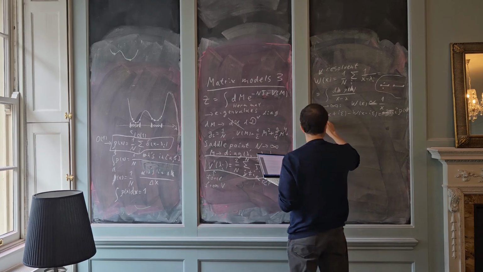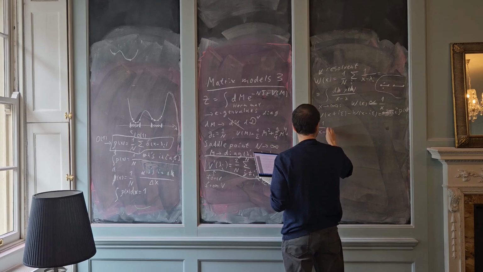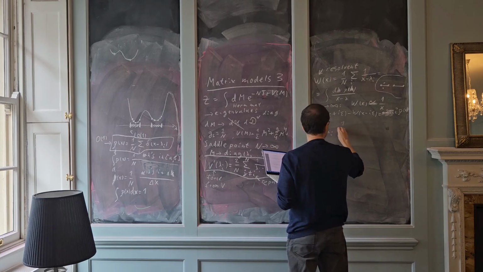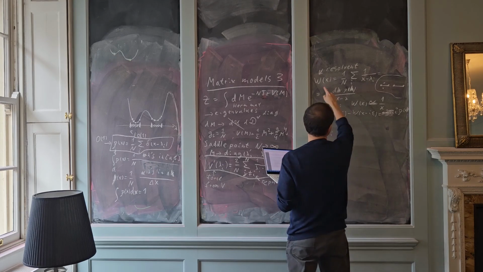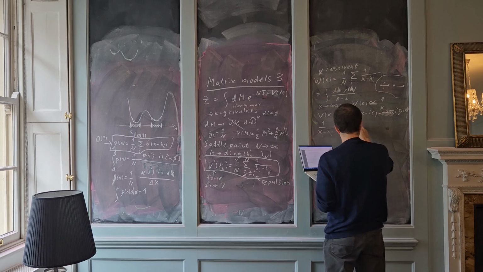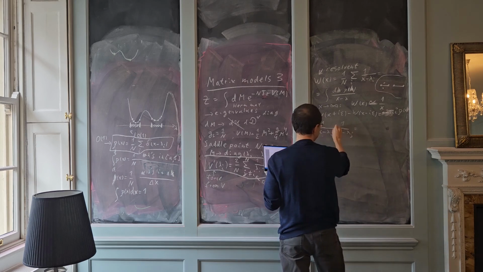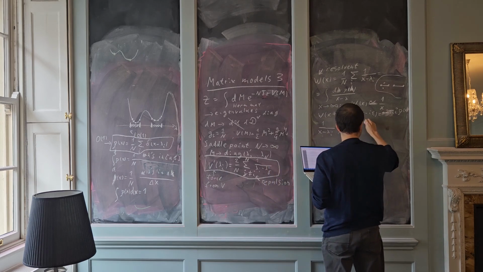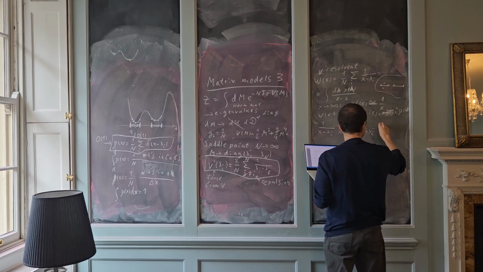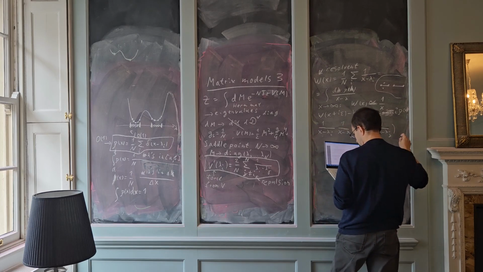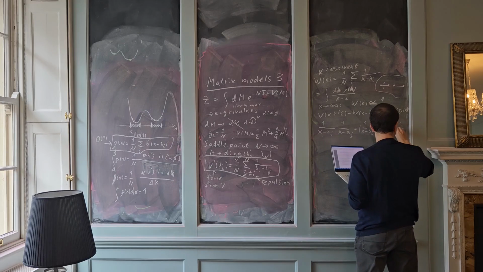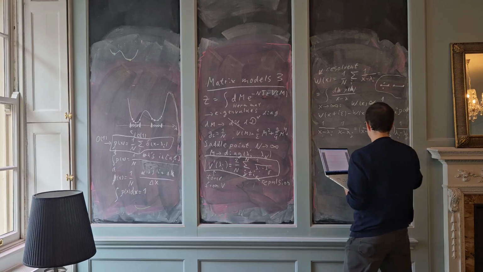For example, if we consider 1 over x minus lambda_i times 1 over x minus lambda_j, which is roughly the structure coming from w squared, then we can write this by separating the poles as a difference of two poles, 1 over x minus lambda_i minus 1 over x minus lambda_j, times 1 over lambda_i minus lambda_j.